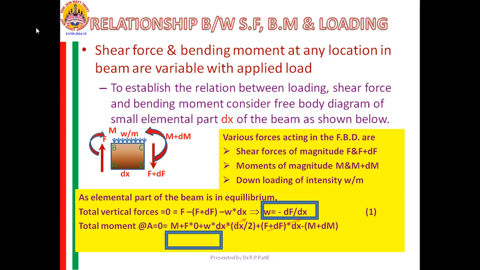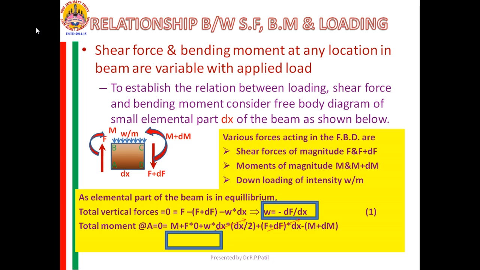Next is F plus dF. It is acting at D. You are taking moment at A. F plus dF into dx. It is acting in clockwise direction. That is why positive. Left out is last, M plus dM. It is anti-clockwise. That is why negative.